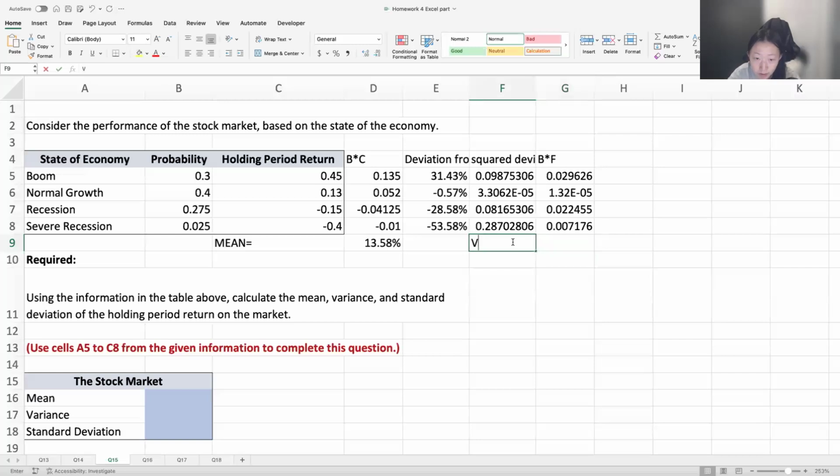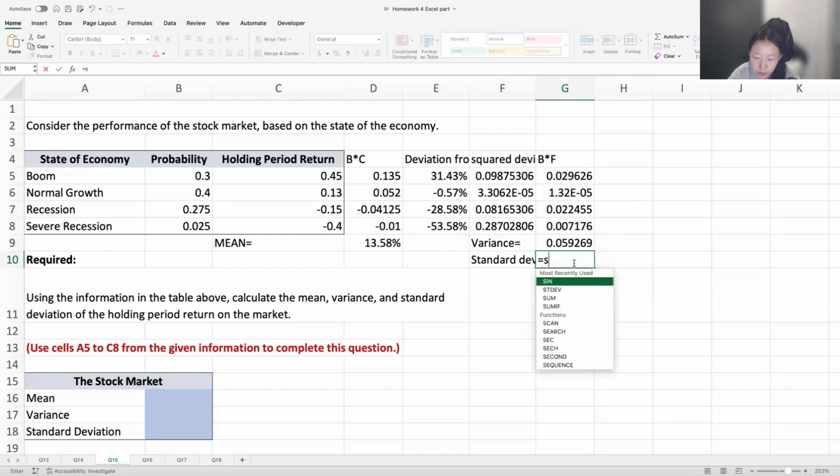So the variance will be the sum, and the standard deviation will be the square root of variance.